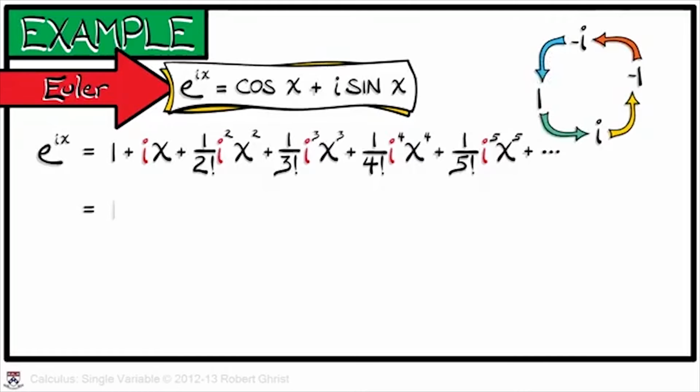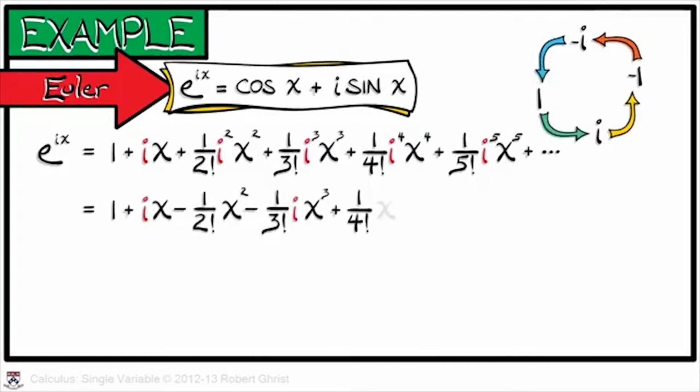Therefore, we have a cyclic pattern in our powers of i that allows us to simplify this expression as 1 plus ix minus x squared over 2 factorial minus ix cubed over 3 factorial plus x to the 4th over 4 factorial, etc.